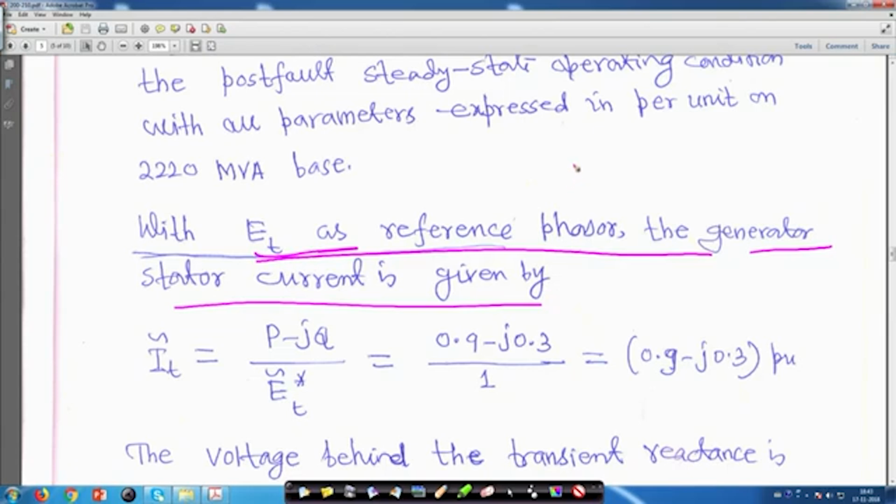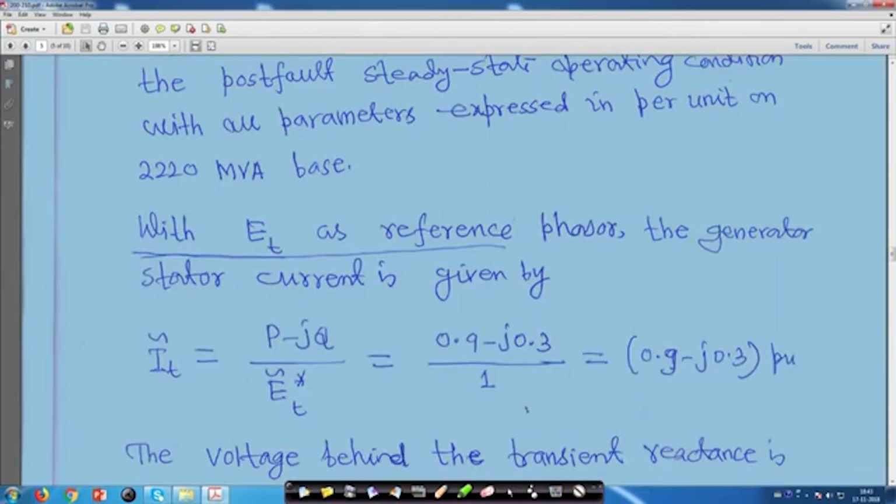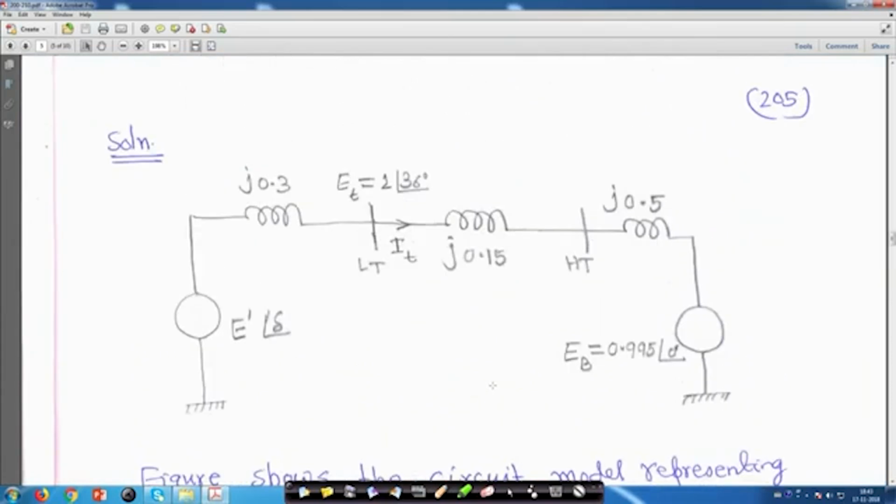Come back to this figure. This is my E t. I take E t tilde, and the power was given: P and Q both were given here.